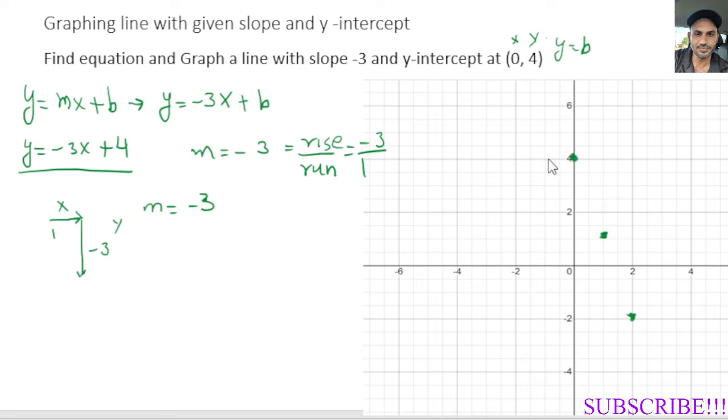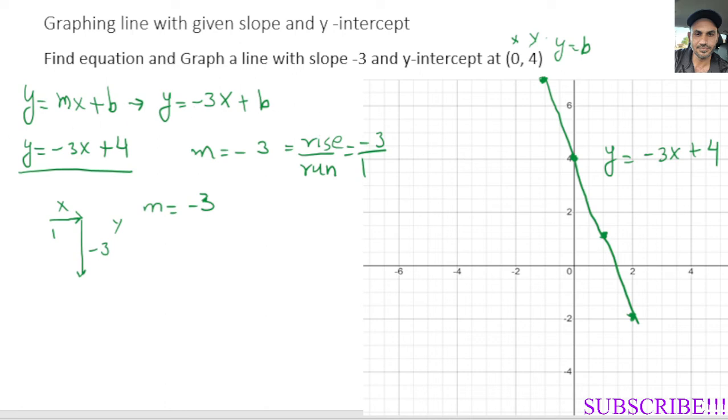And similarly, if we go 1 unit to the left, it's going to be up 3 points right there. So for every unit to the right, we go down 3 units. 1 to the right, 3 to the bottom. So this would be the graph of the line. If you connect these points, that would provide us the graph right there. And this is equal to y equals -3x plus 4.